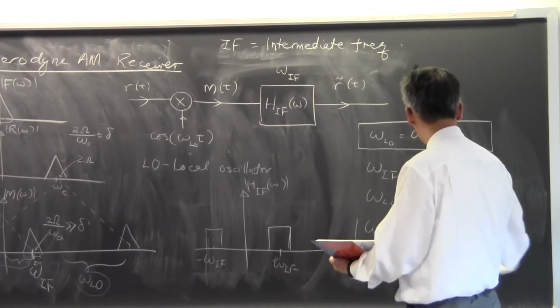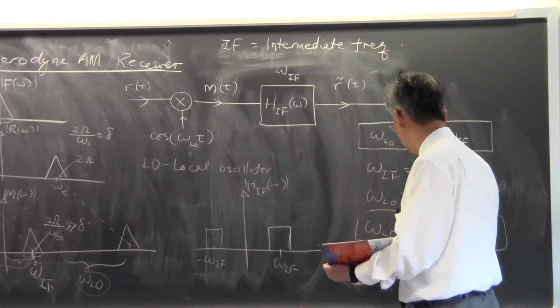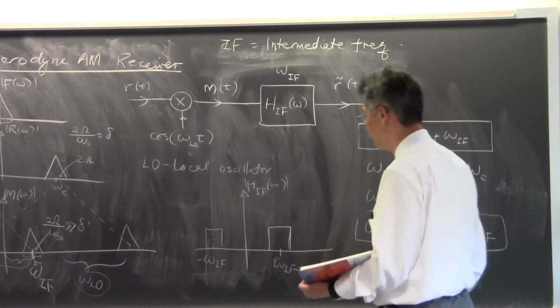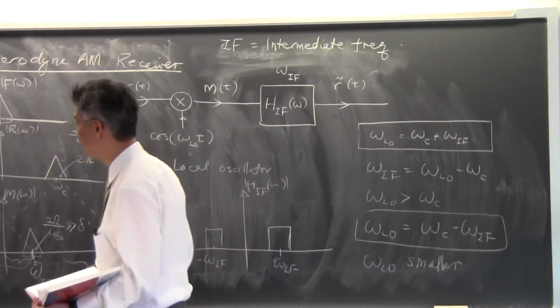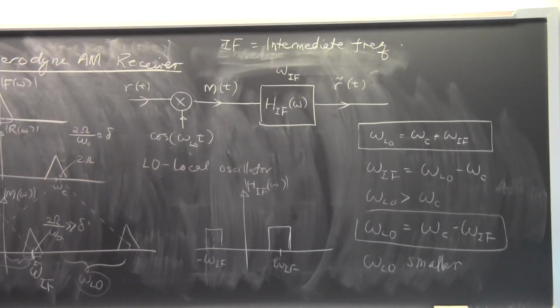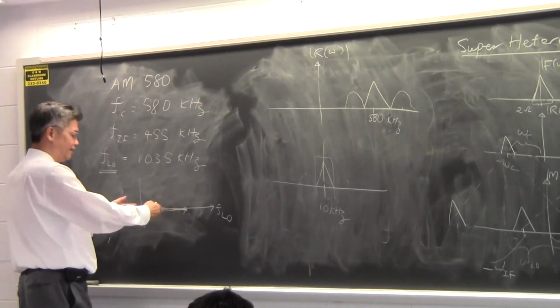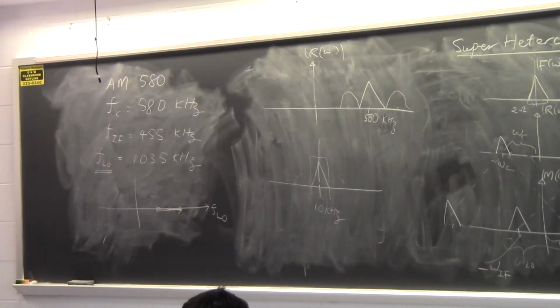If you pick this, it also works, but this LO is smaller, which means that you push this to that over there. And then if your LO is smaller, as you change your LO frequency to pick up different radio stations, the dynamic range percentage-wise becomes bigger, and it's harder to design that kind of local oscillator.